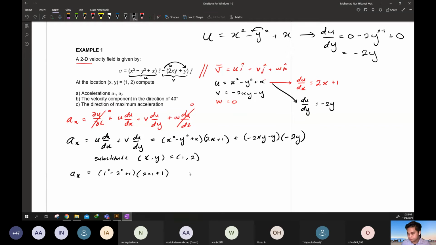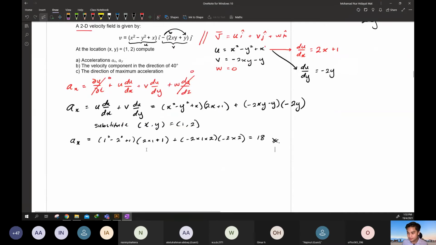And then plus negative 2 multiplied with 1 multiplied with 2. Negative 2 multiplied with 2. So finally we will get simply equal to 18. Okay, so far you guys understand?